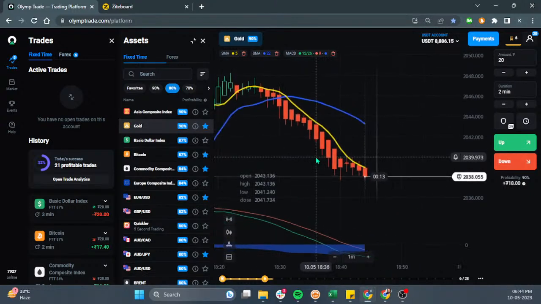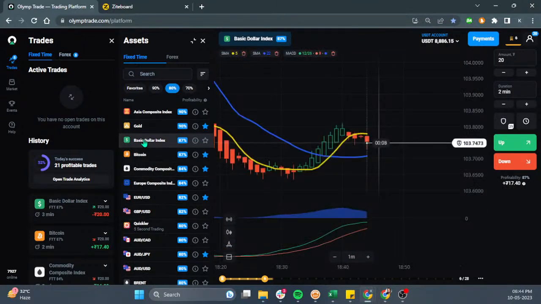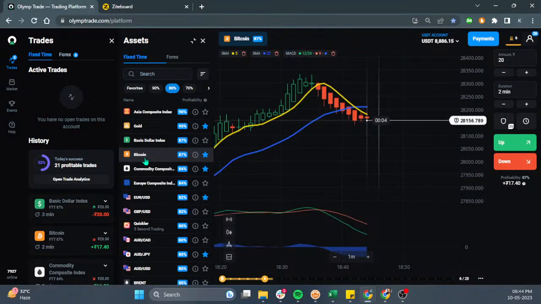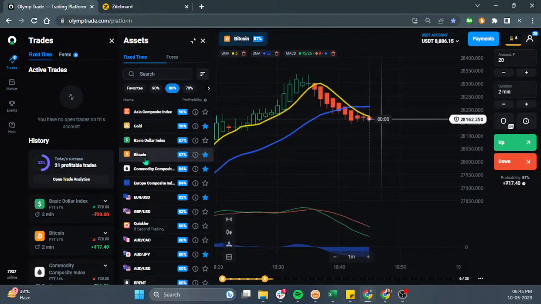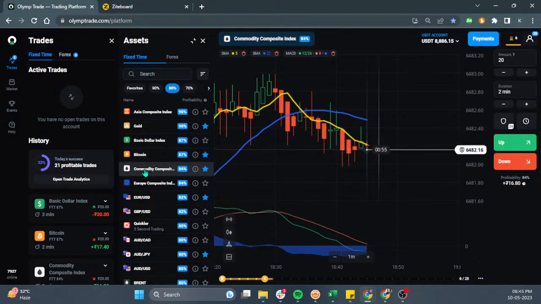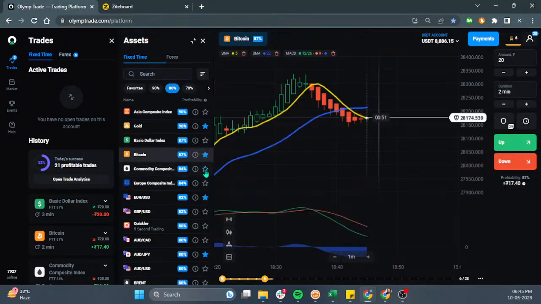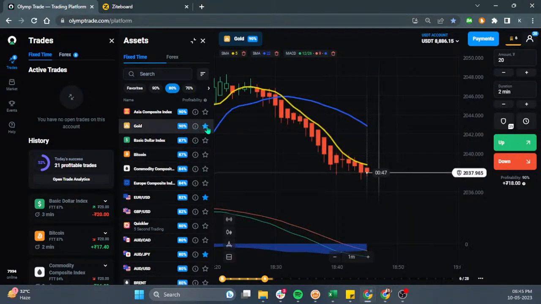Let me zoom out a bit. The star is not required here, considering I'm not going to find any signal anytime soon on these, so I will remove the star.